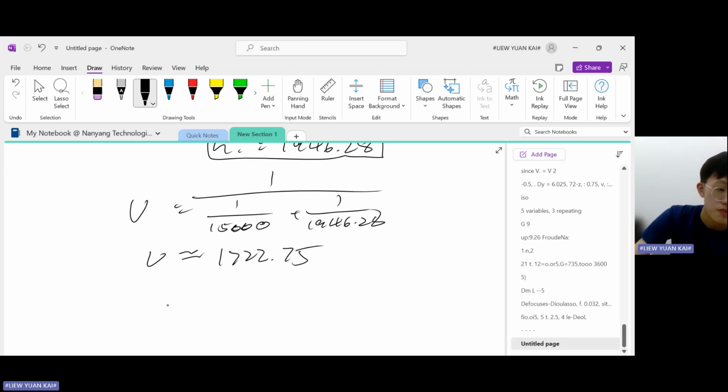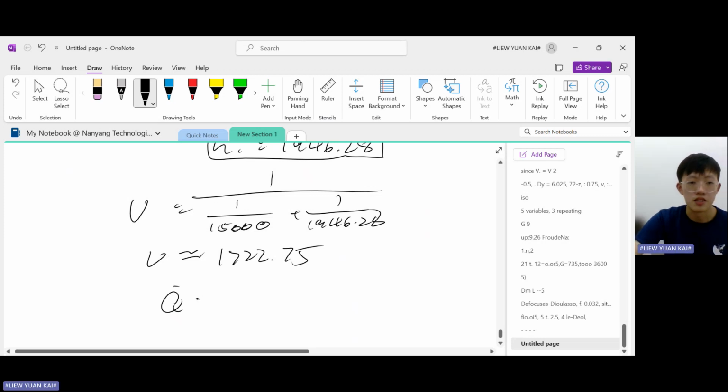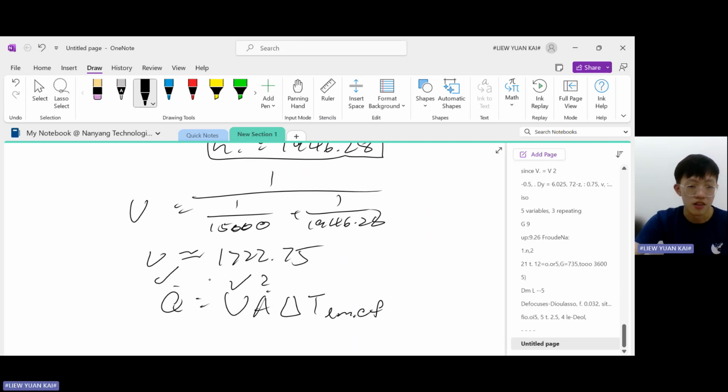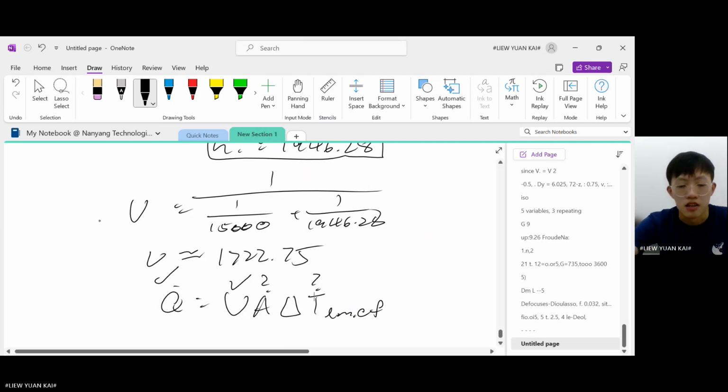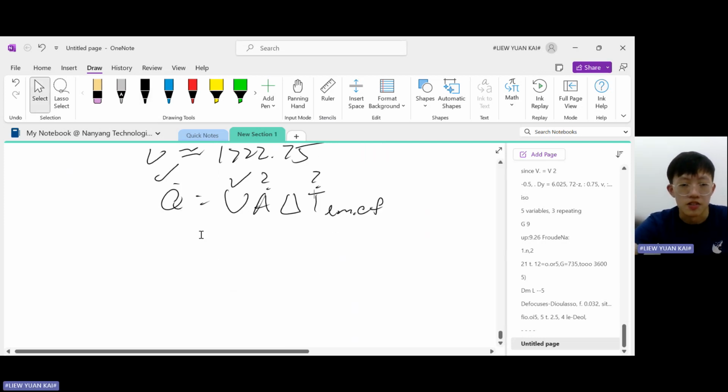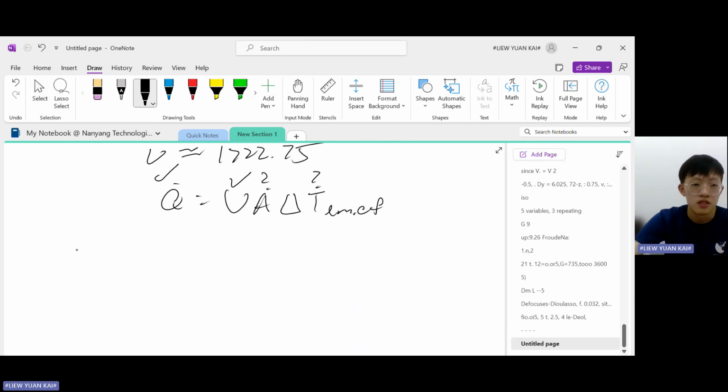So let's go back to the LMTD formula. Now we have U, and we want to find A. We have Q dot, but we don't know our log mean temperature difference. For the log mean temperature difference, just use the formula straight out of your lecture notes.